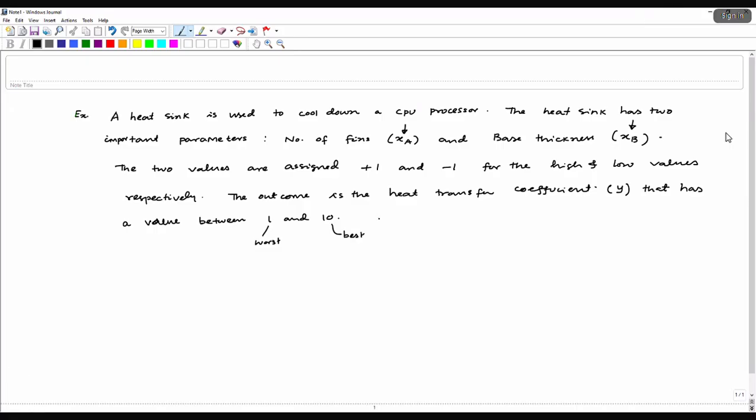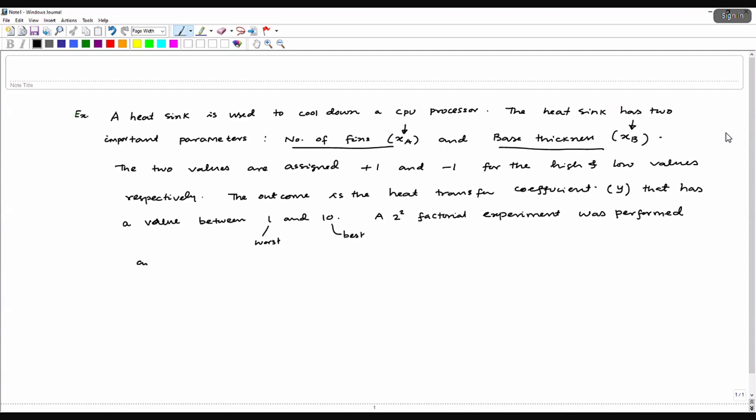And we do a 2 to the power 2 factorial design, a 2 to the power 2 factorial experiment was performed. That means you first vary the 2 parameters between the extremes, low and high for both of these, and then you noted down the results. So that is basically your 2 to the power 2 factorial experiment.